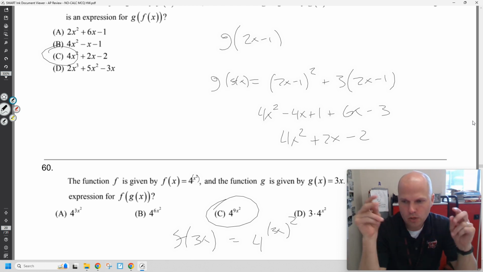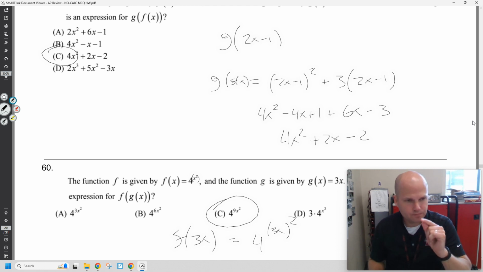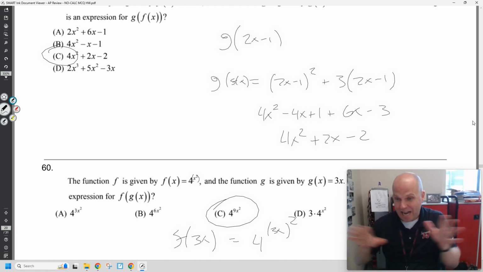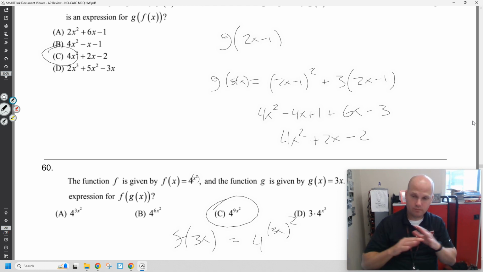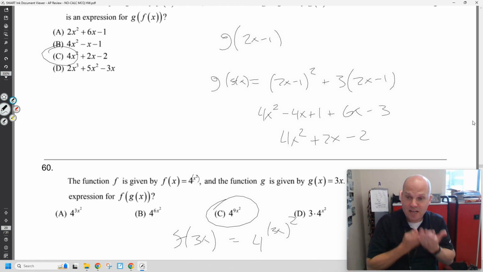So the no calculator portion has all the questions where the calculator could help you. The calculator portion of the test is not just calculator problems. The calculator portion of the test is typically questions where even if you have a calculator, it won't help you, or you have to use your calculator, okay?